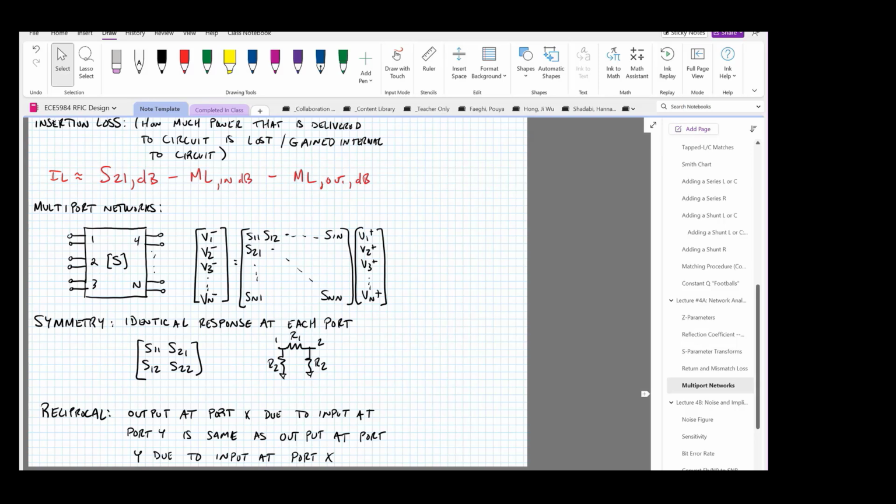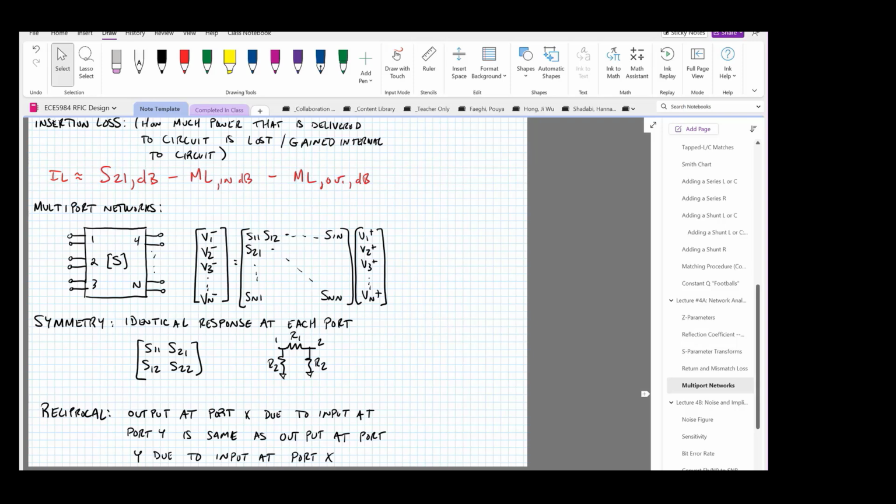Diplexers are filters that might split the signal and filter it with different frequency responses in 2 different directions. Those have 3 ports generally. We have isolators that sometimes have 3 ports. So we can definitely have more than 2 ports. If that's the case, we just expand our interaction matrix like so.